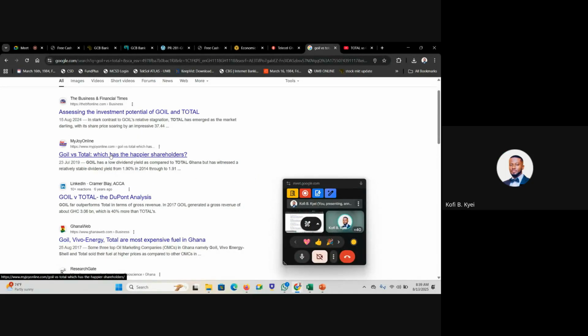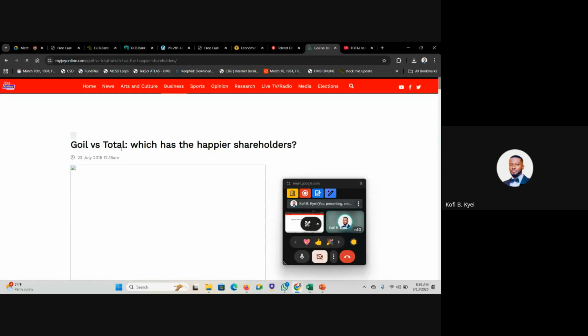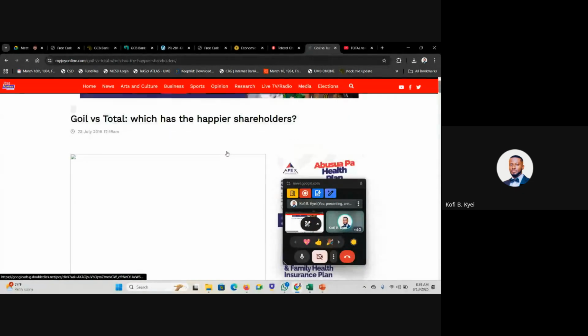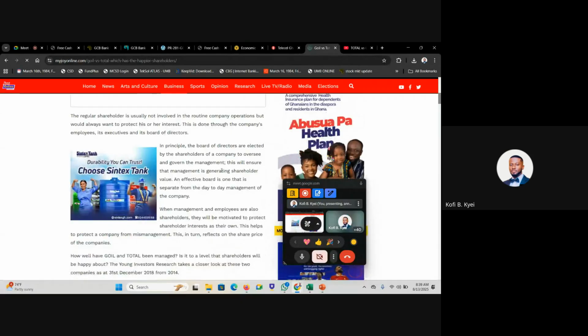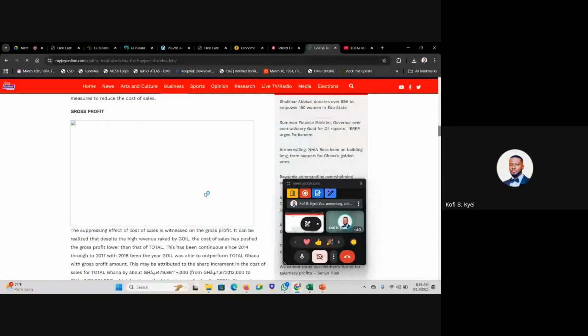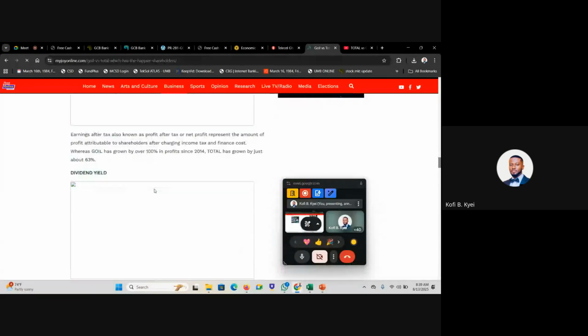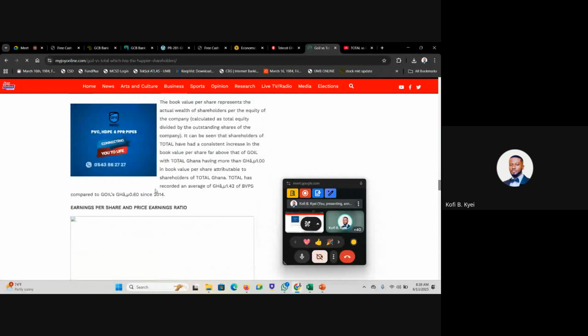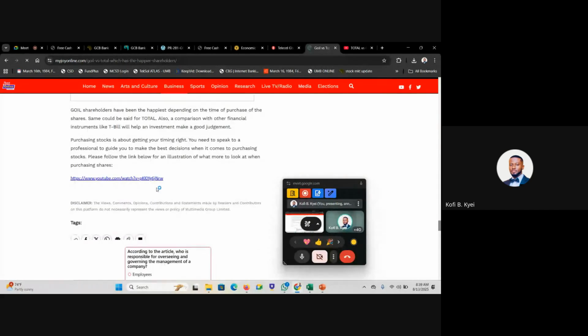So this was the article I was talking about. I think this is from 2019. Gold versus Total: which has the happier shareholders. I did a comparative analysis between the two. I don't remember whether I concluded on which one they should buy, but it was quite an interesting topic I picked.